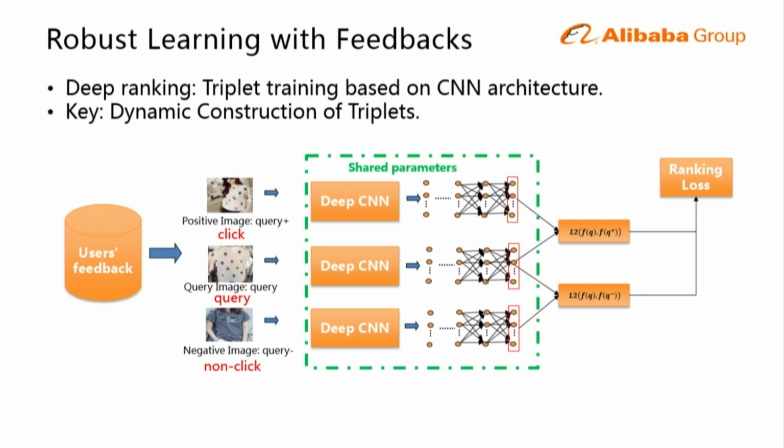In our scenario of image search, the users will see the returned results and click what they like. So the clicked image is considered as a positive sample related to the query image. And the unclicked image could be considered as a negative sample of the query image.